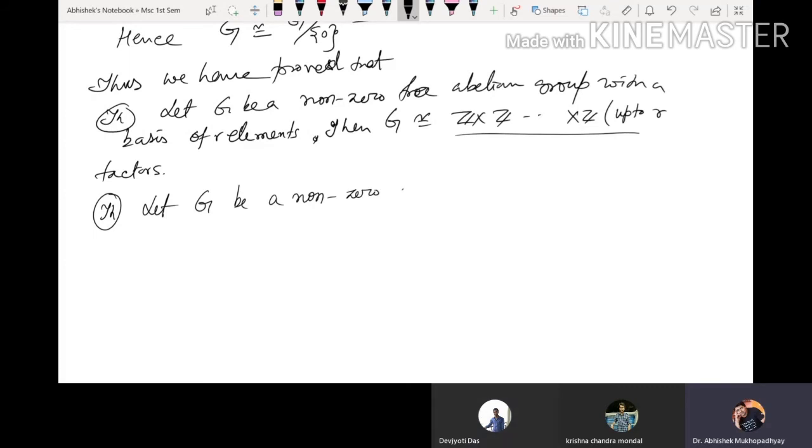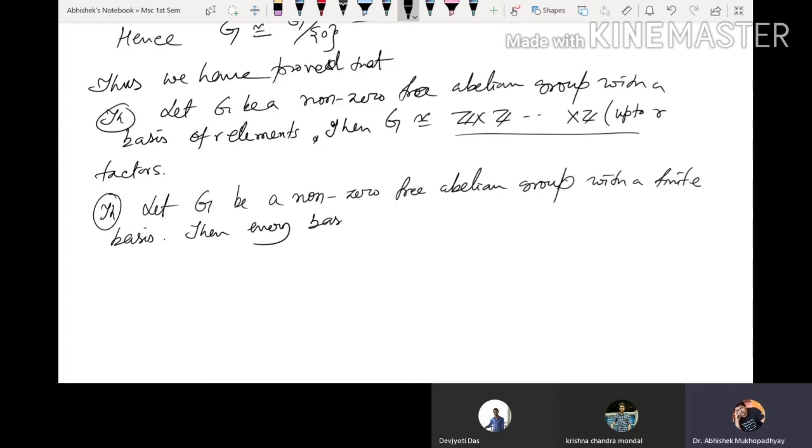Let G be a non-zero free abelian group with a finite basis. Then every basis of G is finite and all bases have the same number of elements.